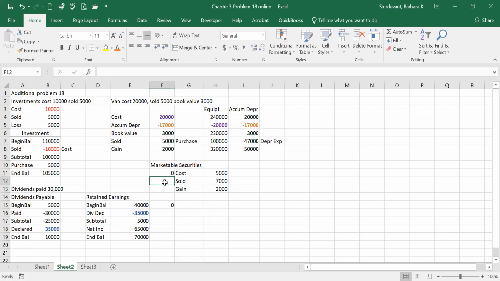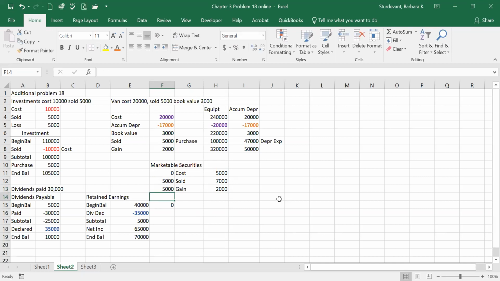Okay. So under marketable securities, we bought some, they said that cost $5,000. So then our subtotal is $5,000.